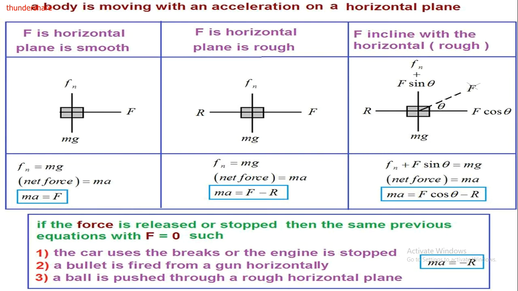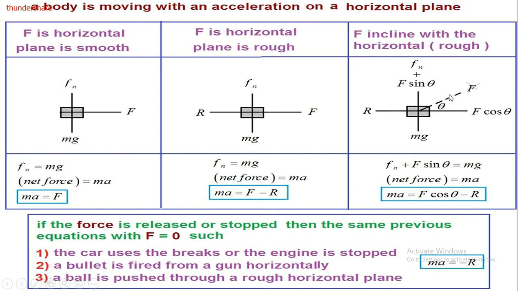The resistance doesn't make the body move. It is trying to stop the body, trying to decrease the velocity of the body, not making the body move. Do you understand what I'm saying? So the R is always negative because it is against the direction of the motion. So ma equals F minus R.